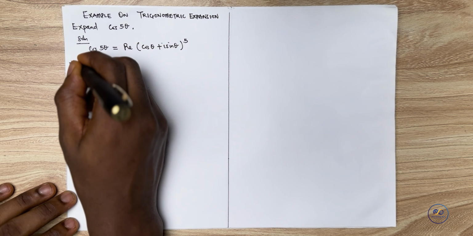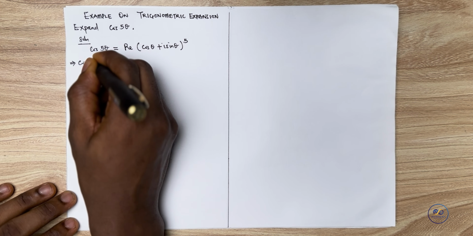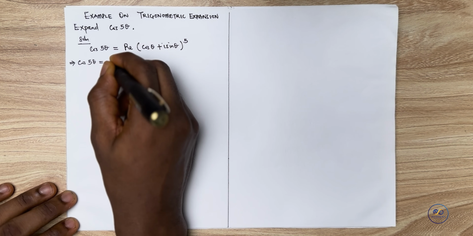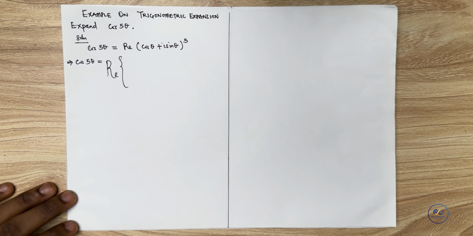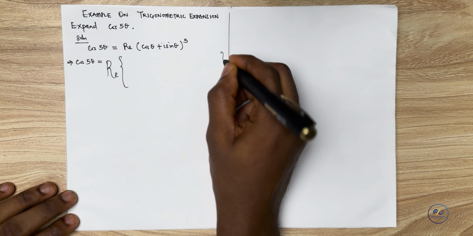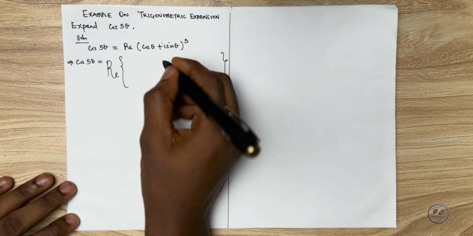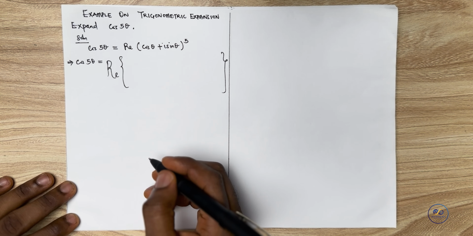This would mean that cos 5θ would simply be the real part of the expansion of (cos θ + i sin θ)^5. Now, in this regard, the expansion will simply be by binomial expansion.